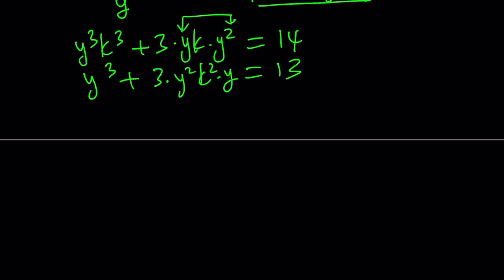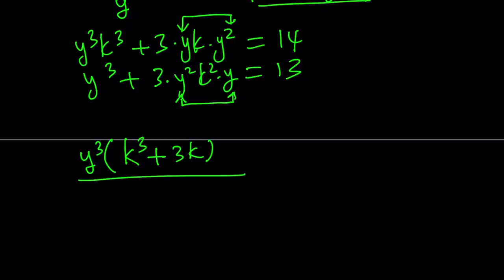That's going to give us y cubed, and these two is also going to give us y cubed. So we can basically factor out y cubed from both of these equations, and that gives us k cubed plus 3k. And what I'd like to do is divide these equations.